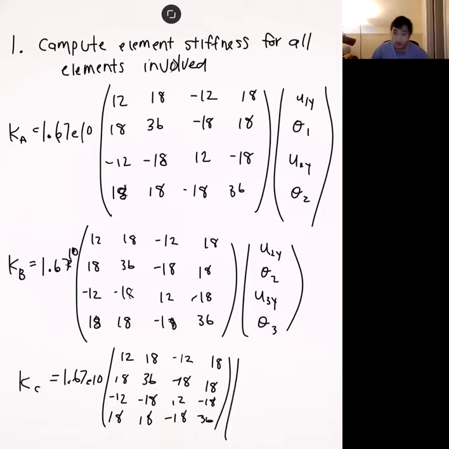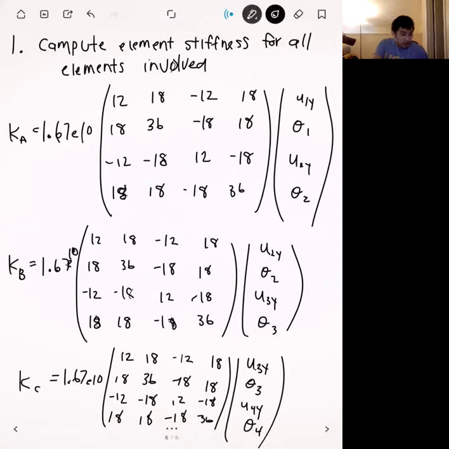Okay. And this is multiplied by the degrees of freedom that element C acts on. And element C acts on nodes 3 and 4. And so it's going to be U3y, theta 3, U4y, theta 4. Okay.